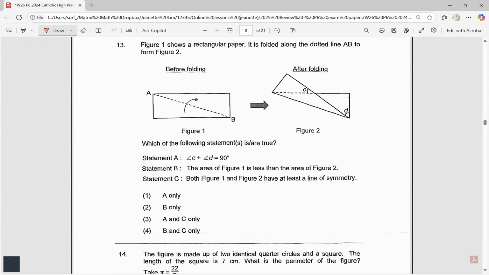Question 13. Figure 1 shows the rectangular paper is folded along the dotted line AB to form figure 2. So which of the following is or are true? Okay, so firstly, let's draw what the rectangle looks like before it's folded in figure 2.